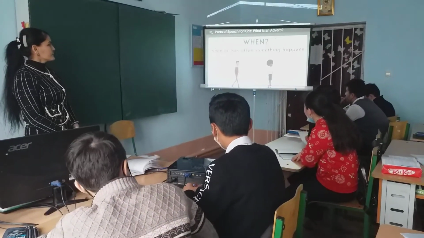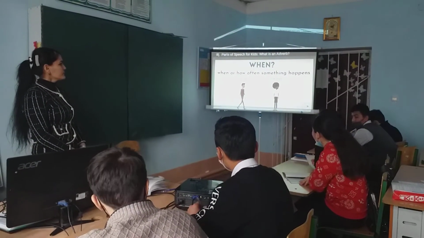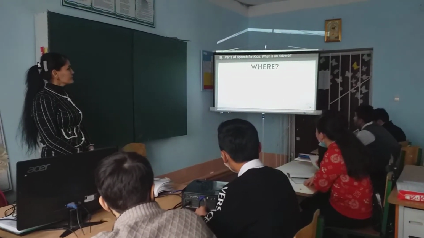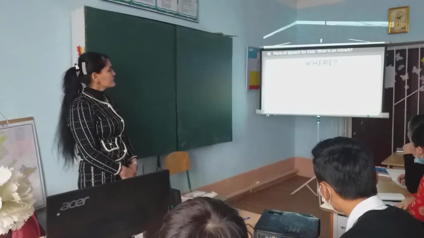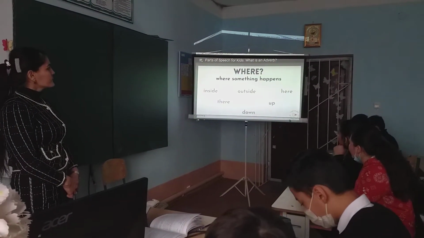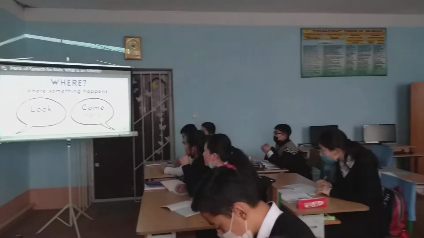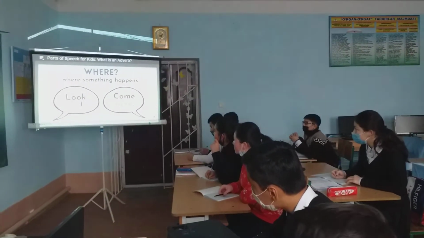Can you think of any other adverbs that describe when or how often something happens? Adverbs can also answer the question where. Words such as inside, outside, here, there, up, and down can be used as adverbs to tell where something happens, like look up or come here. Can you think of any other adverbs that can describe where something happens?